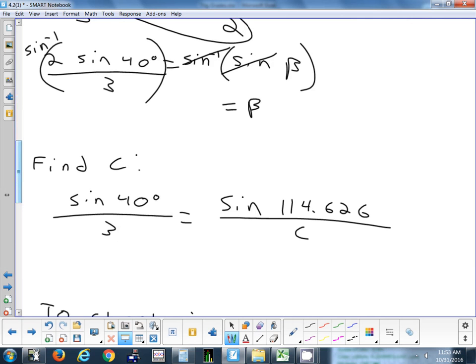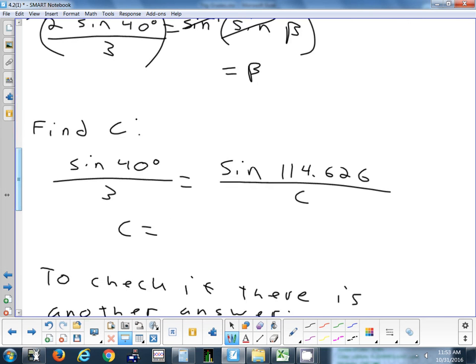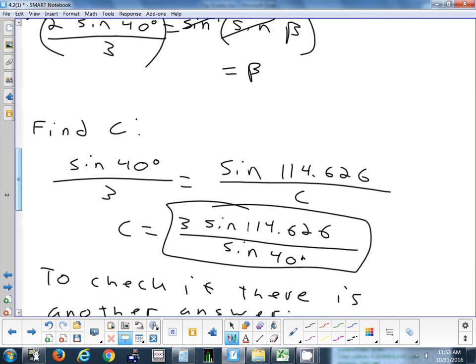If you had only rounded it to 1 decimal place, I'd say our answer might be off a little bit, but we should be okay. So C is going to equal 3 sine 114.626 over sine 40. Type that in, and that's your answer for C.